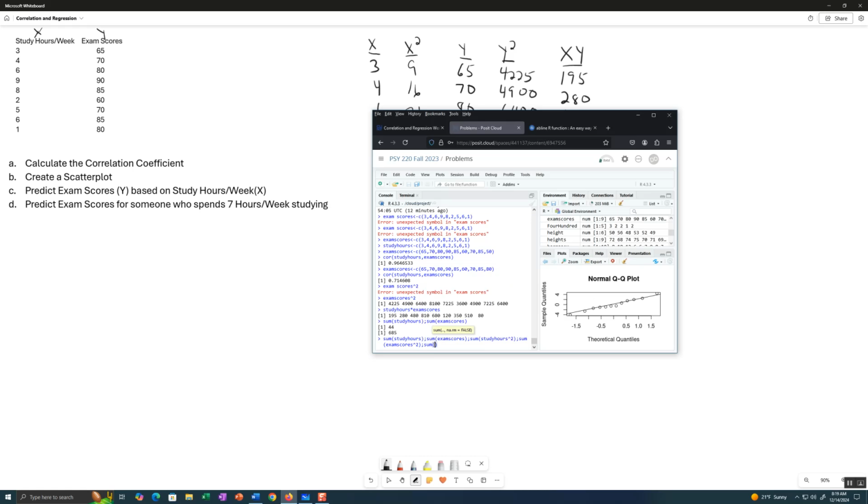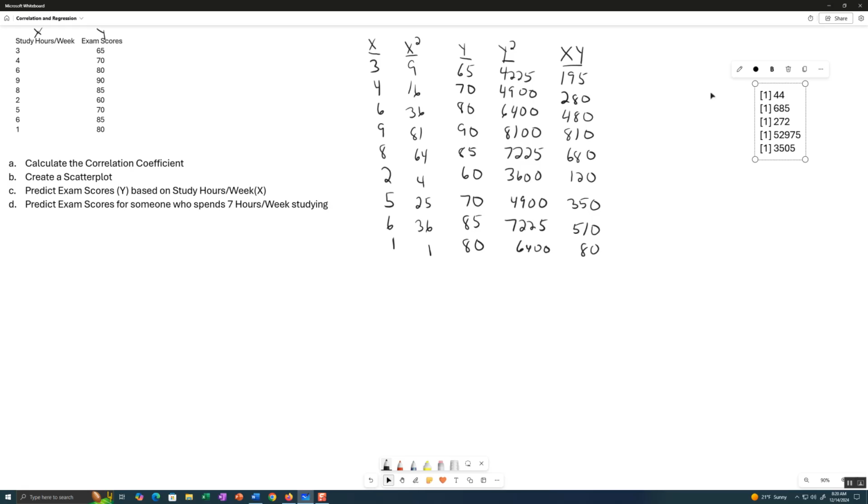I'm just finding the sum of all these columns here. So those are my 5 answers for my 5 columns. That way I don't have to go back and forth and keep switching. So the sum of x is 44. The sum of x squared is 685. The sum of y is 272.